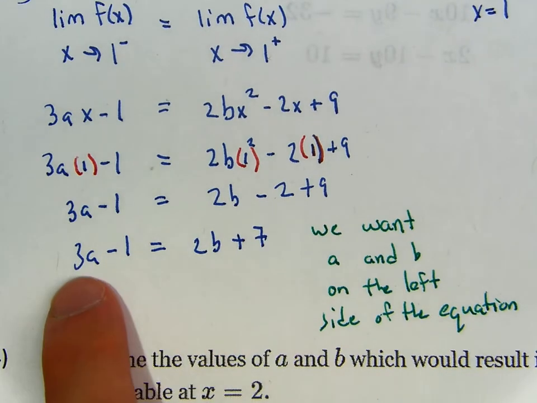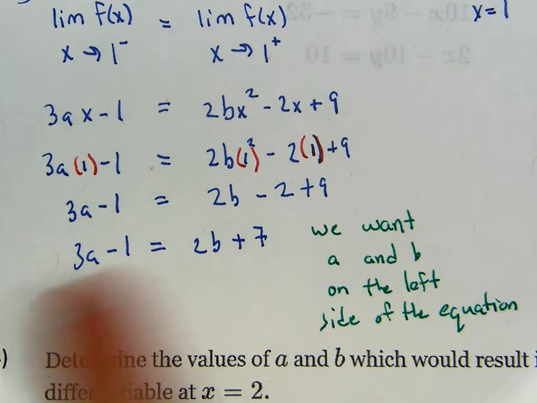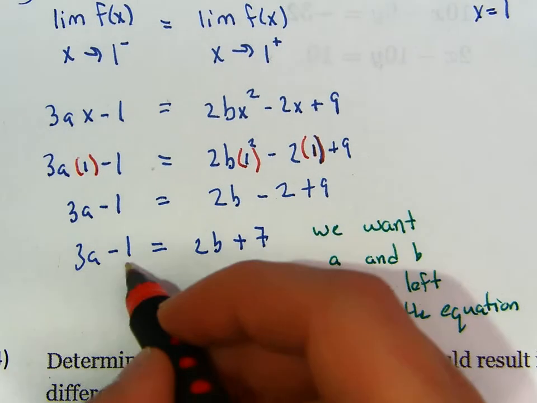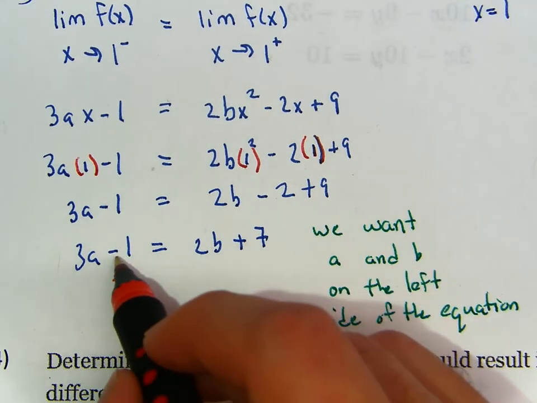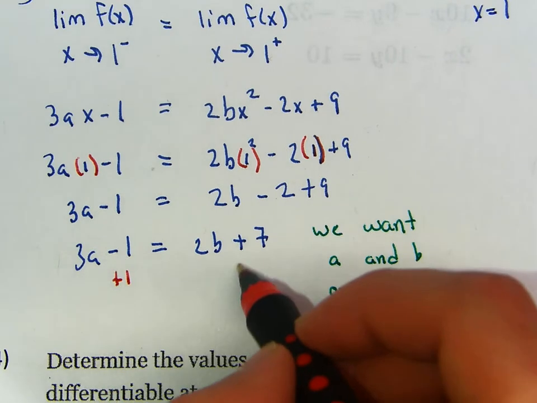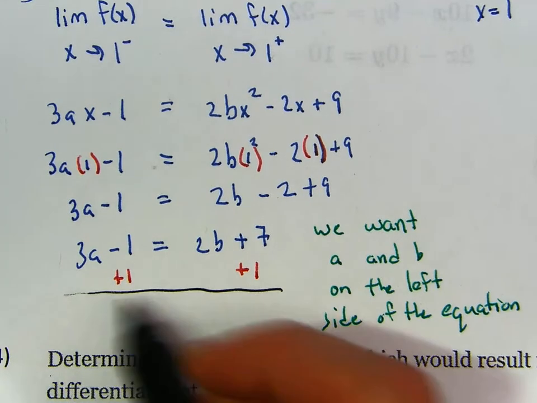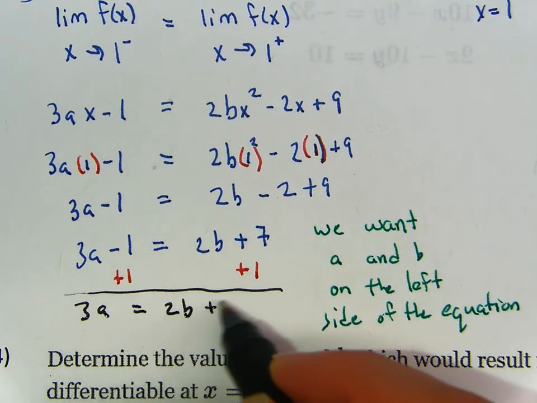So notice that a is already on the left side, this 3a part, but now we just need to transfer the 2b to the left side. So then how would we do that? Notice that I want to get this minus 1 over to the right side. So let's add 1 to both sides. And notice, what do we get? We get 3a equals 2b plus 8.